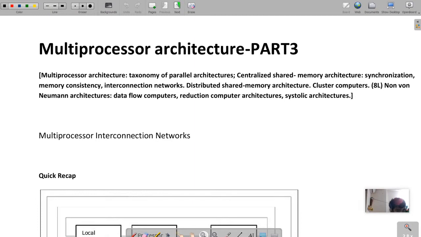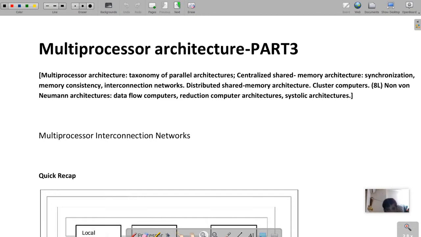If you have gone through those two tutorials, until now you have learned what multiprocessor architectures are as a whole, what the NUMA, COMA, and UMA models are, then what the cache coherence and consistency problem is, and how to solve those using the Snoopy bus protocol and directory based protocol.